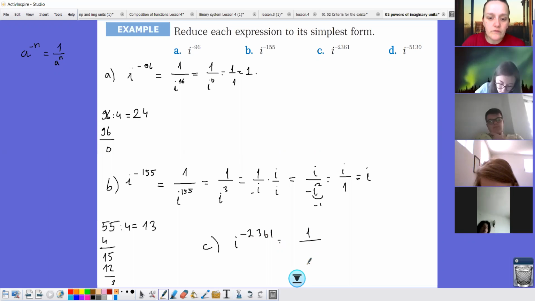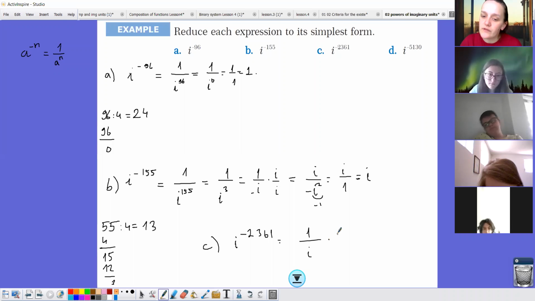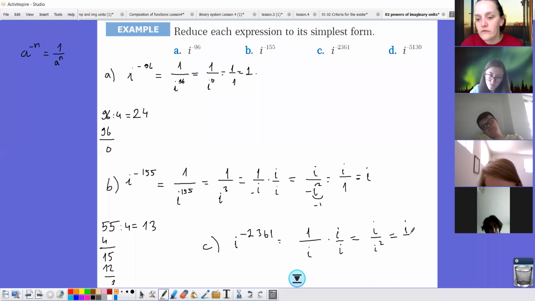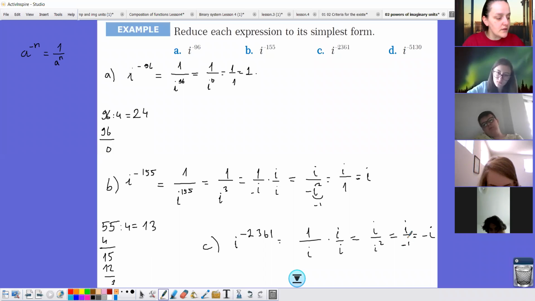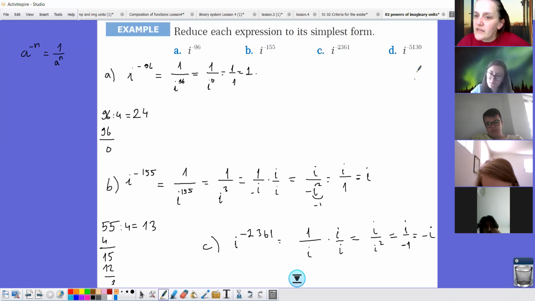So it will be 1 over I. Then again, we'll multiply by I over I. Then it will be I over I squared, which is I over minus 1, and it is minus I. In D, we will have 1 over minus 1, which will be minus 1.